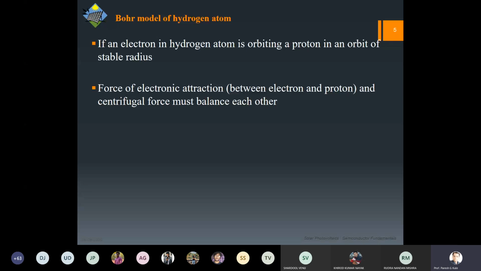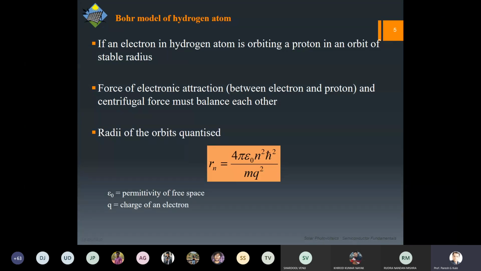That's why we compare this with the solar system, like the sun and earth. There are two forces. One is electrostatic attraction between the electron and proton because of their opposite polarity, and there is a centrifugal force that must balance it so that the electron can revolve around the atom.